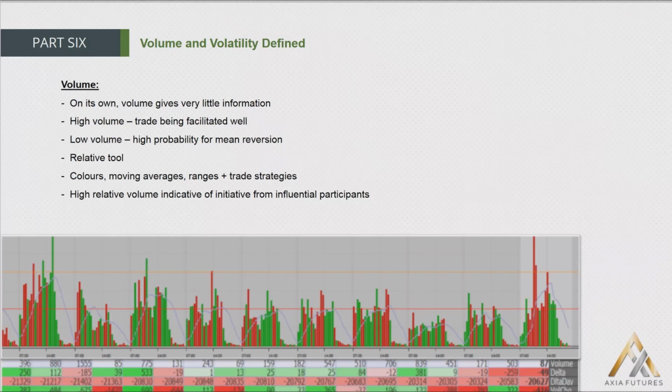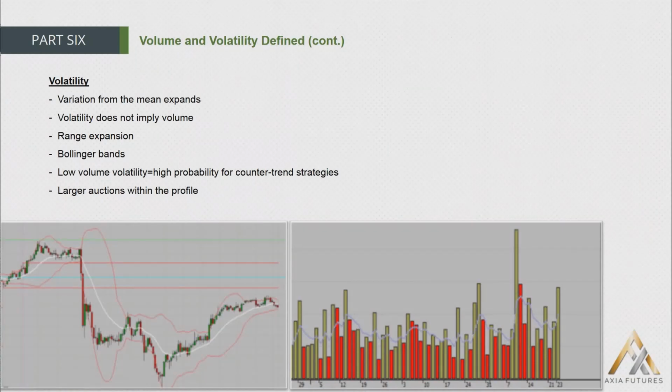Let's now have a look at what we mean by volatility. One of the most common misconceptions when it comes to volatility is that a lot of people assume volatility means that we have a pickup in volume, and this is not quite true, right? Volatility is merely when the variation from the mean expands. The best example to use, as we can see in the first picture there, is the Bollinger Bands.